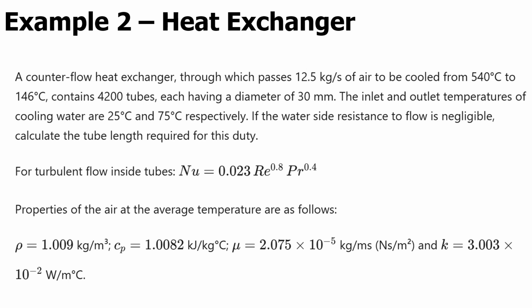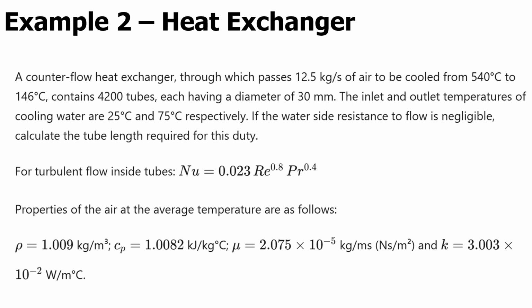Nusselt number equals 0.023 times Reynolds number to the power of 0.8 times Prandtl number to the power of 0.4. Additionally, the properties of air at the average temperature are provided. Density is 1.009 kilogram per cubic meter.